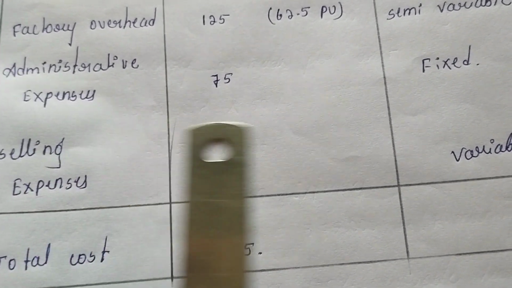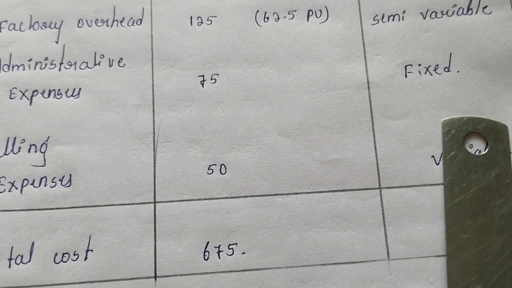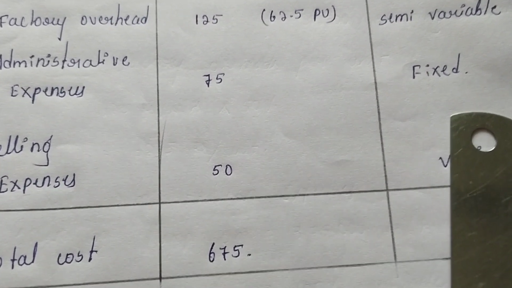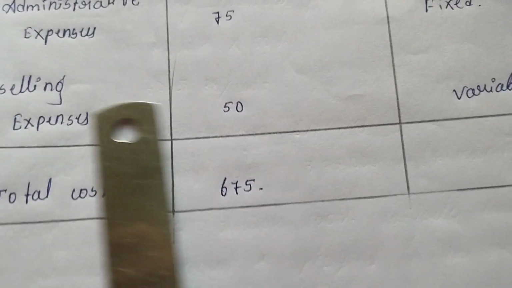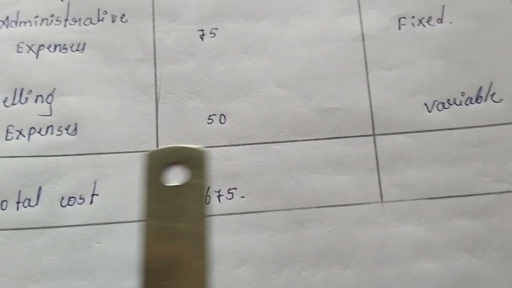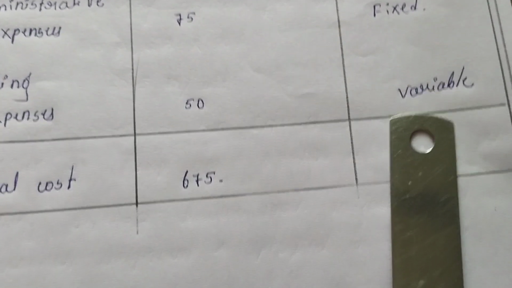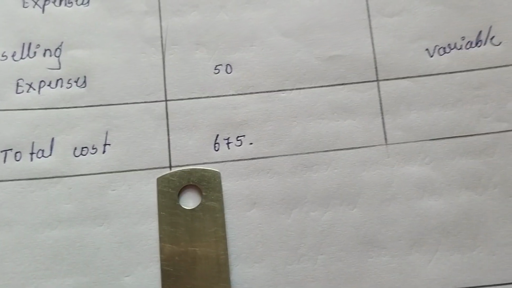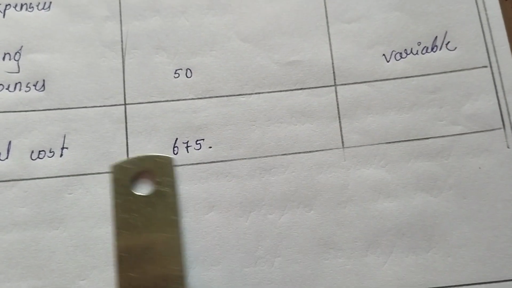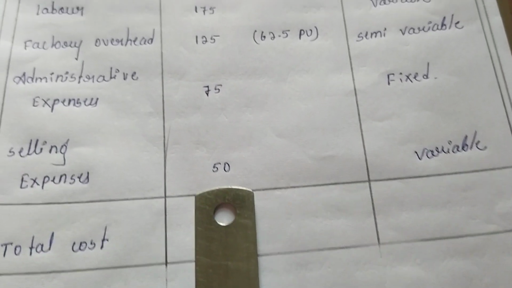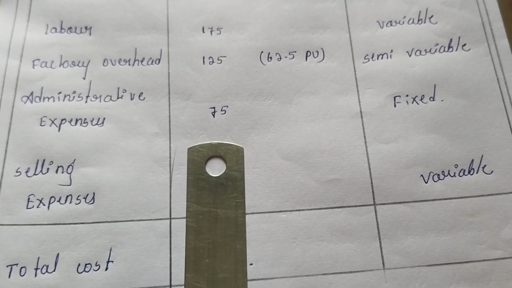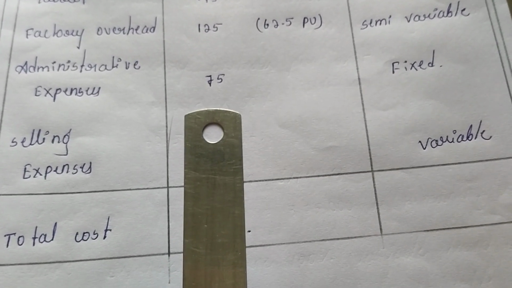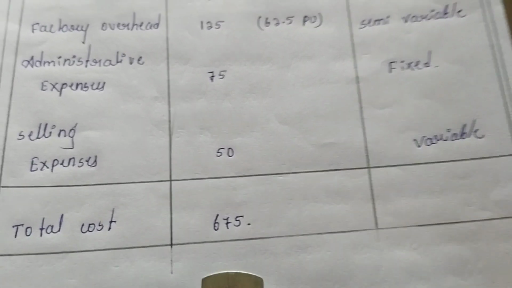Administrative expenses are 75 rupees, fixed; they are not variable or semi-variable. Selling expenses are 50 rupees, variable. Total cost of materials, labor, factory overhead, administrative expenses and selling expenses is 675.